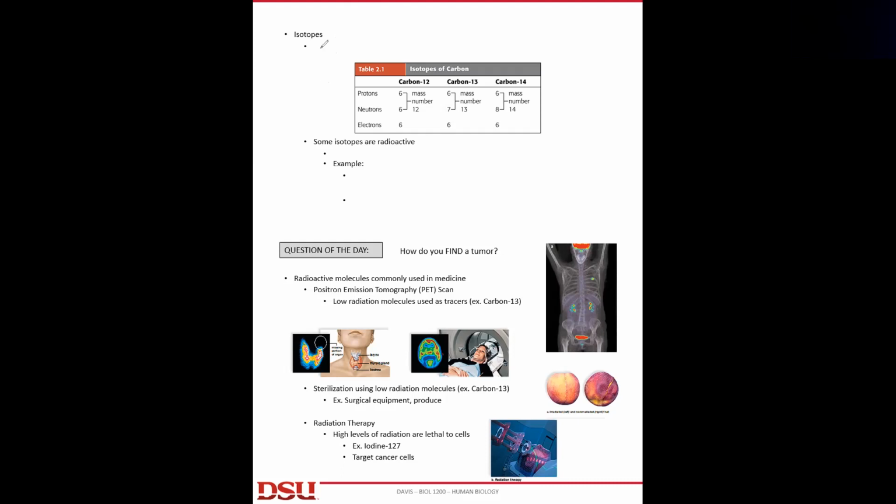An isotope has the same atomic number, but different mass number, making you use your vocabulary.